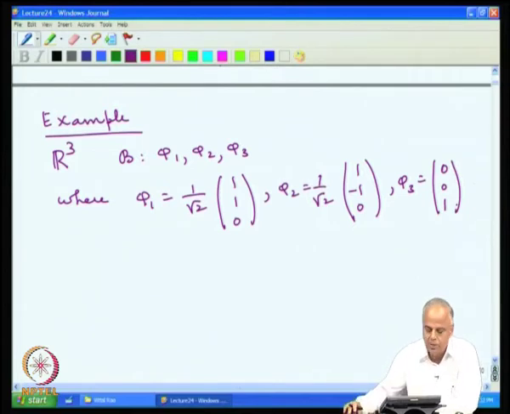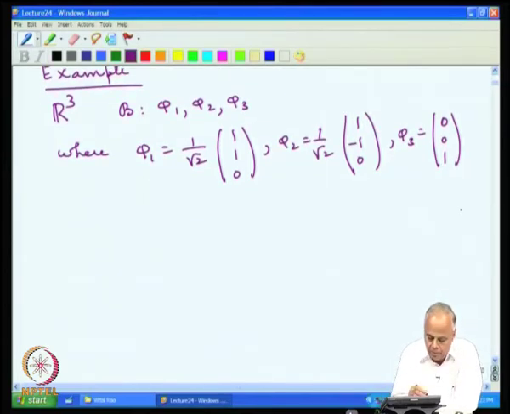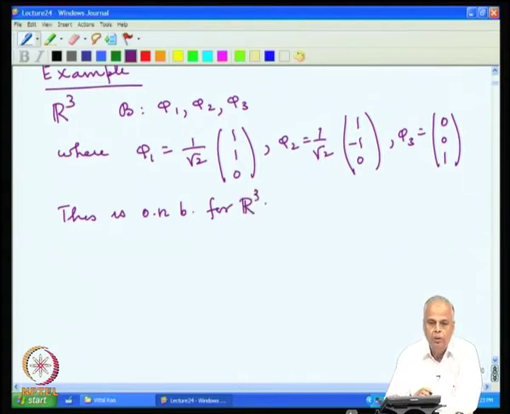We have seen that this is an orthonormal basis for R 3. So, let us look at these Fourier expansions and Plancherel's formula and the Parseval's identity.